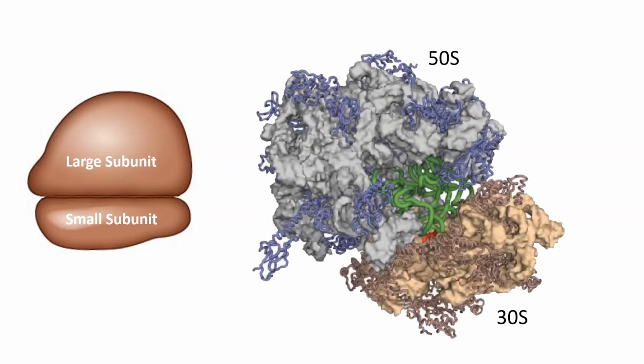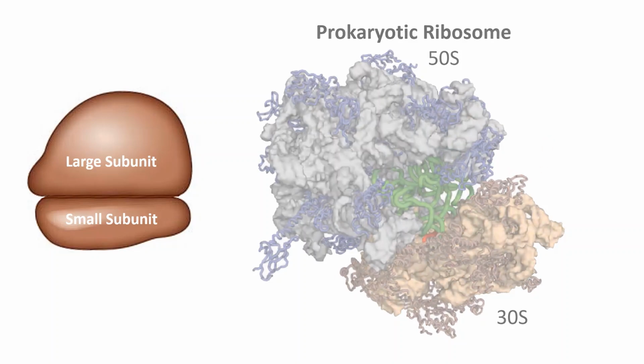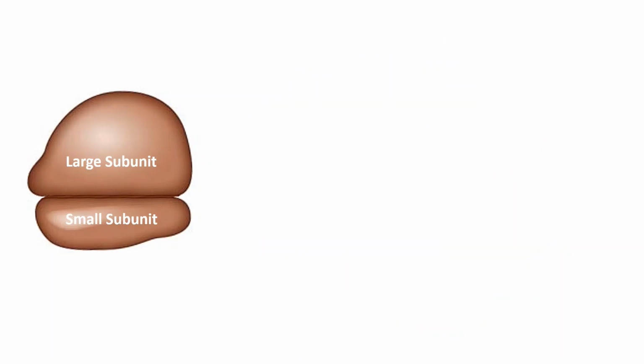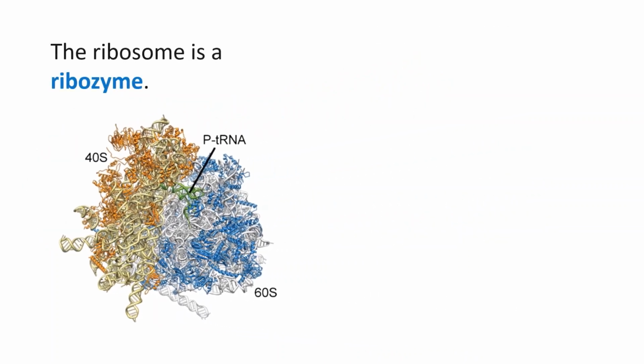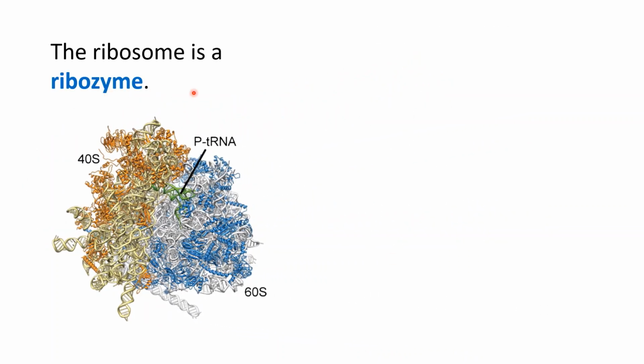So this is a ribbon, a three-dimensional model of the ribosome of a prokaryotic cell. And here's one for a eukaryotic ribosome. The ribosome is actually described as an enzyme in some ways. Why?